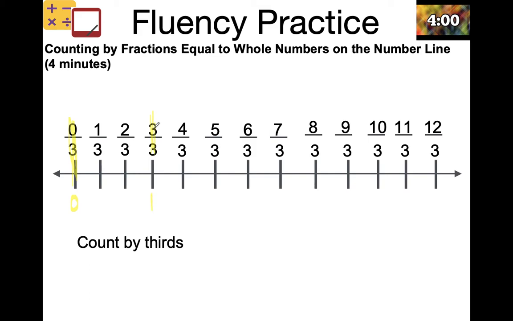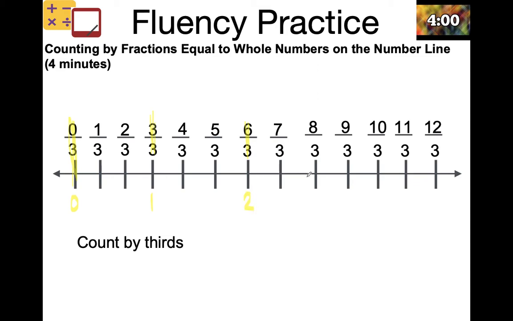When the number on the top and the bottom are the same, that's 1 whole. Then we keep skip counting. We can go 1, 2, 3. So 6 thirds is equivalent to the whole number 2.